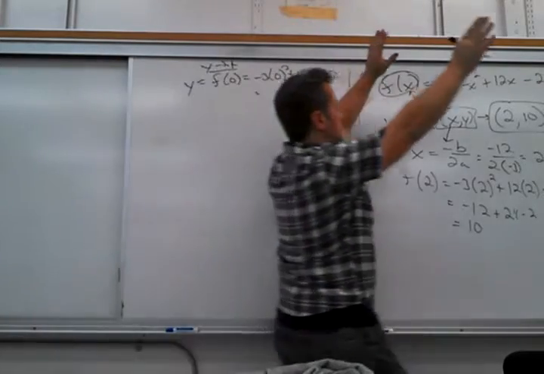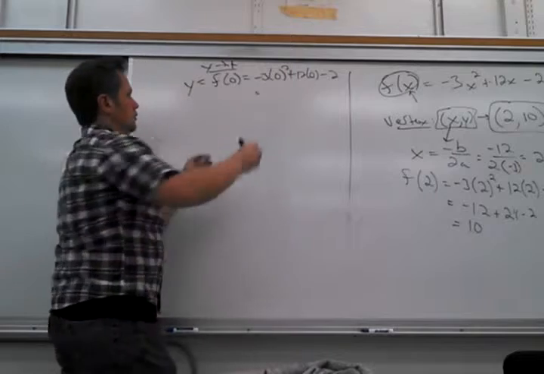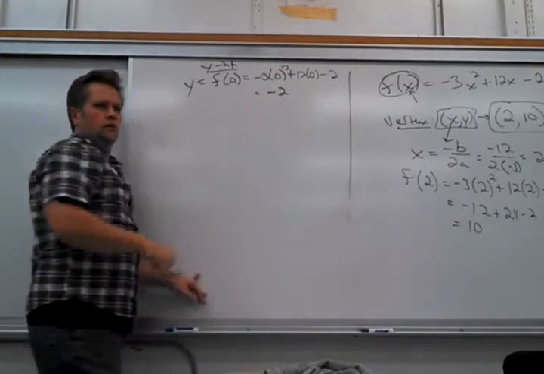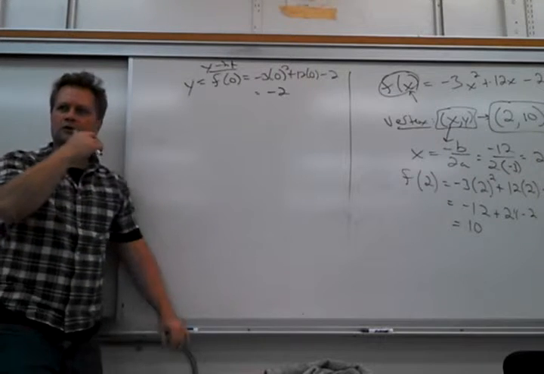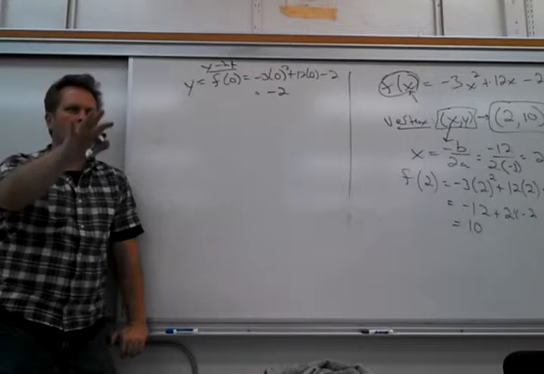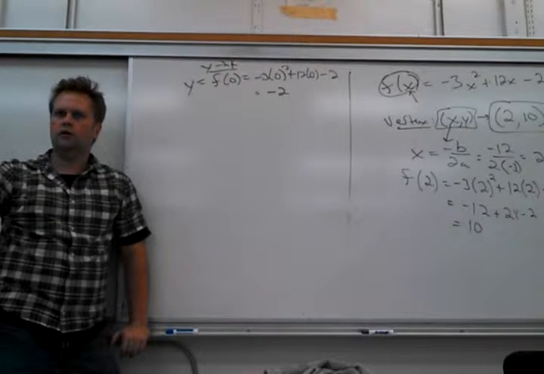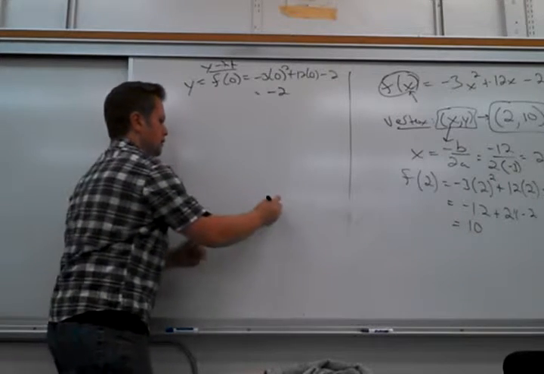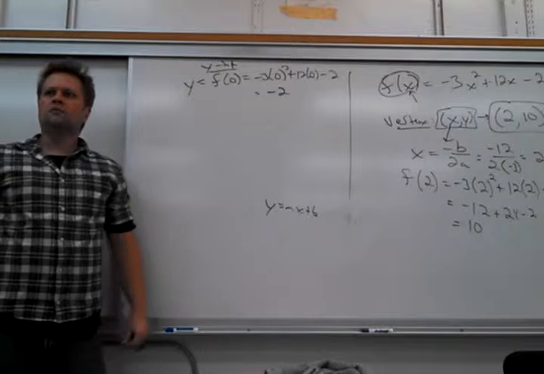If I make x 0, I'm just left with that last number. So how do you always find the y-intercept? You make x 0, period, right?